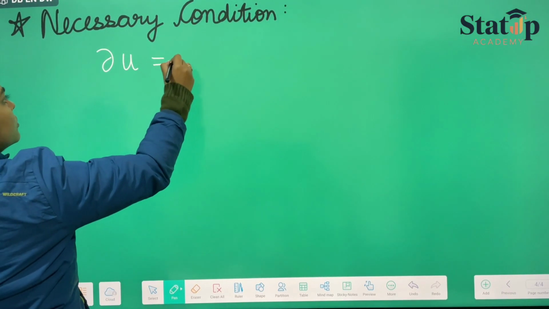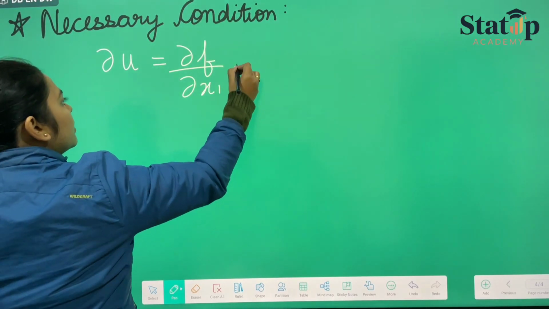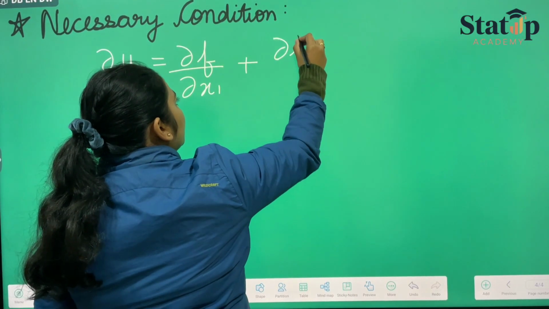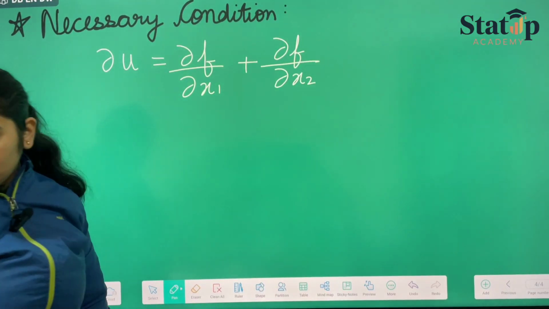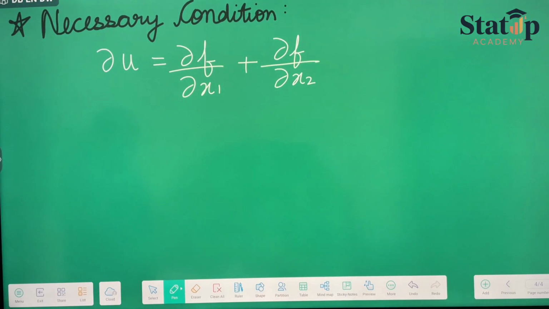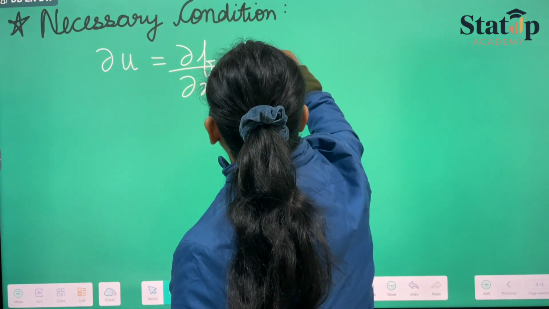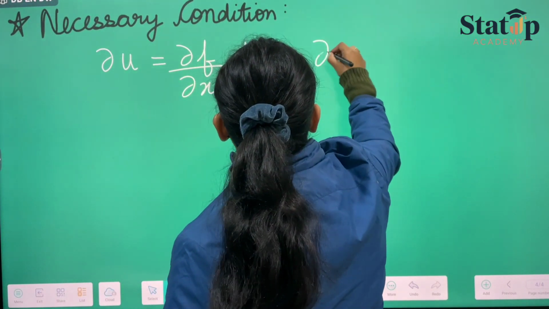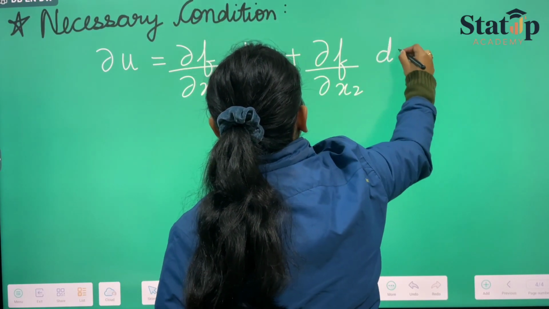Utility function equals differentiate of f with respect to x1 dx1 plus differentiate of f with respect to x2 dx2.